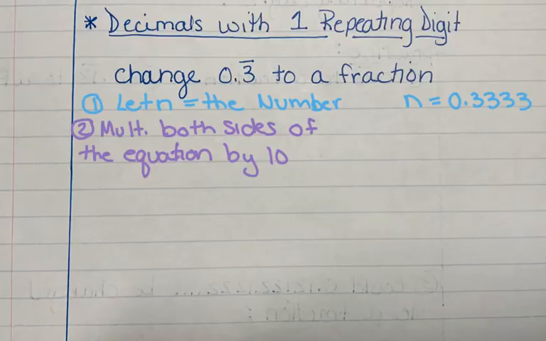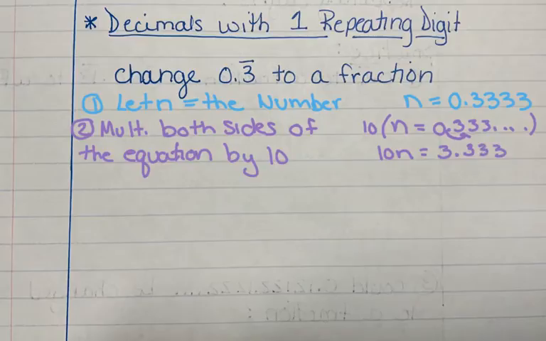An equation has an equal sign. So if I want to multiply both sides by 10, that means I'm distributing a 10. So 10 times n gives me 10n. And then 10 times 0.3 repeating just means I'm simply moving that decimal place one place towards the right. So now instead of having 0.3 repeating, I have 3.3 repeating.